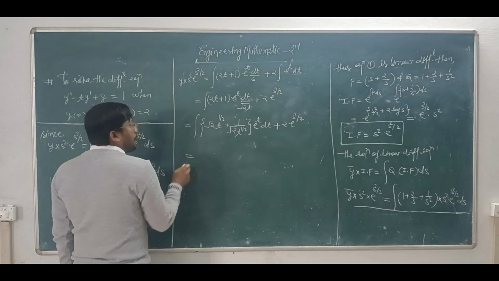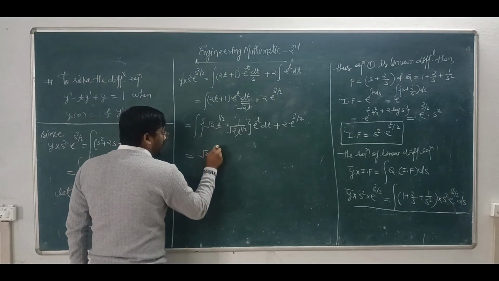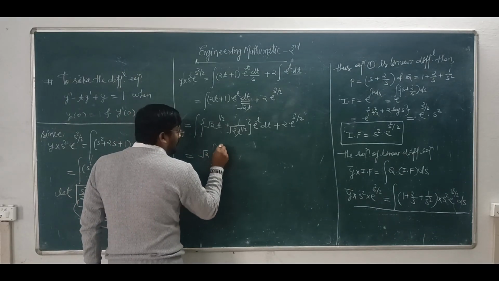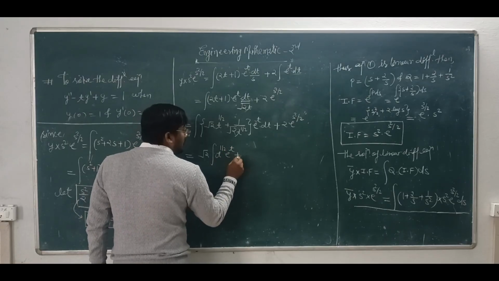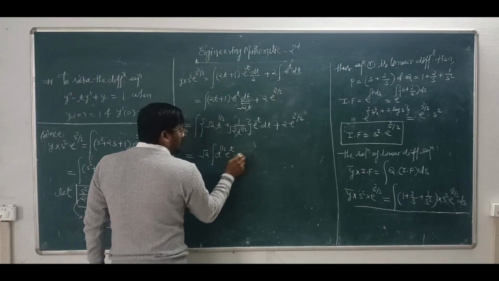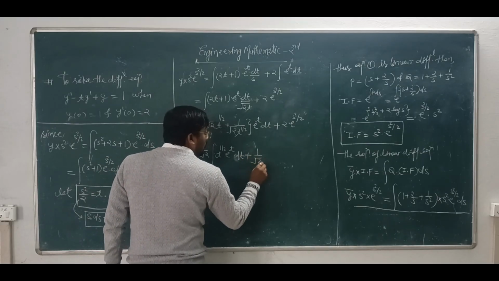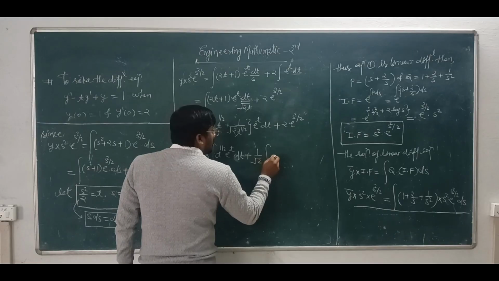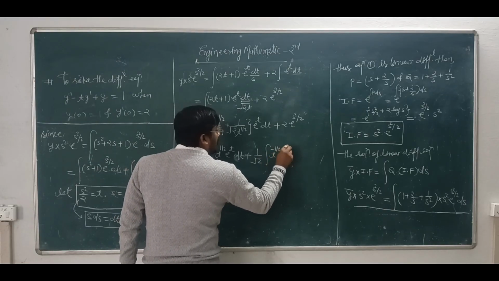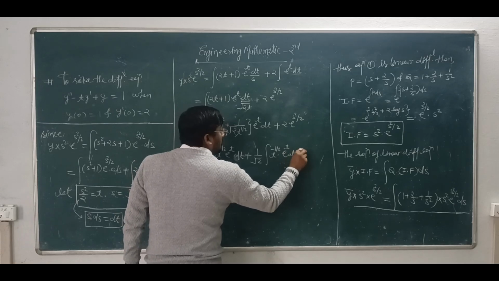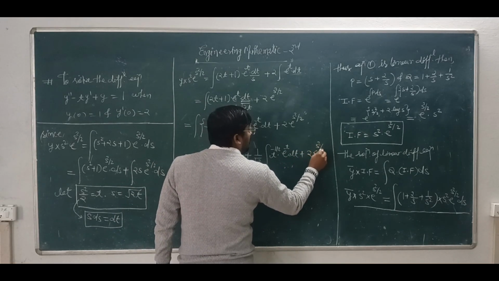Now again multiply root 2 integral t to the power 1 by 2 e to the power t plus 1 by into dt plus 1 by root 2 integration t to the power minus 1 by 2 into e to the power t dt plus 2 e to the power s square by 2.